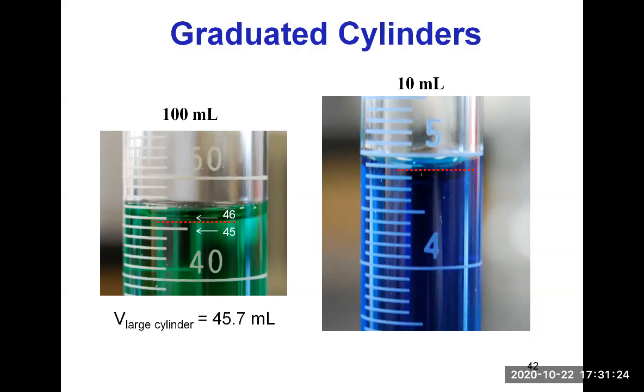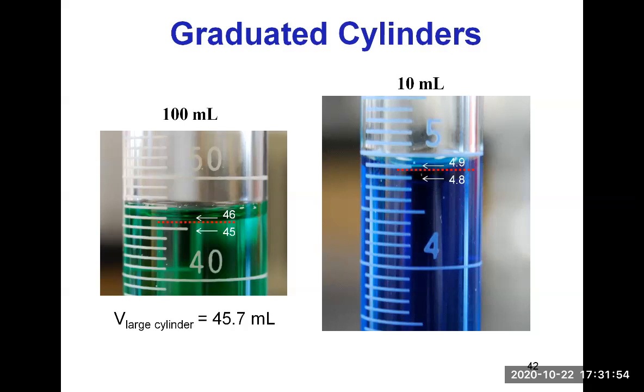Then 0.2, 0.3, 0.4, 0.5 is the middle line, and then 0.6, 0.7, 0.8. You see that the bottom of the meniscus here is above 4.8, but below 4.9, right? So these two are 4.8 and 4.9.